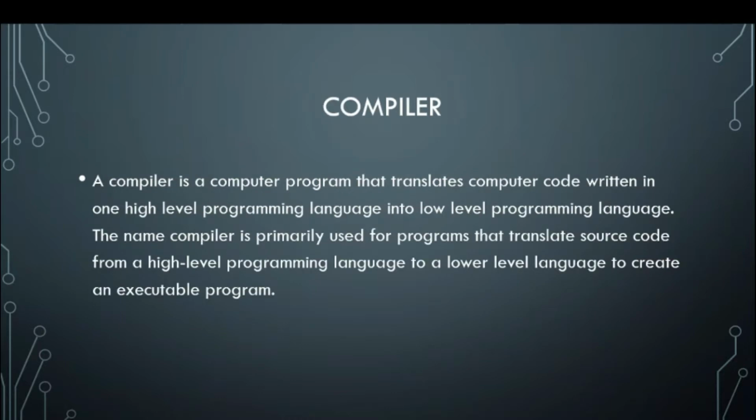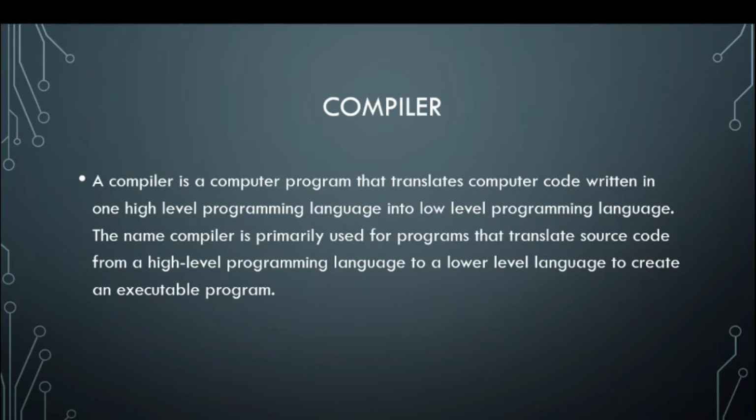As we move on, the next thing is the compiler. A compiler is a computer program that translates code written in a high level language, close to English, and converts it into a low level language such as machine language. As we know, the computer deals in low level language, so it cannot understand a high level language.